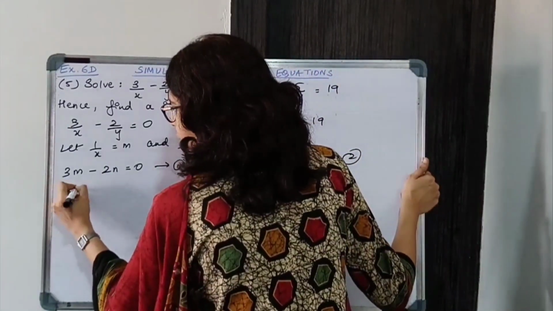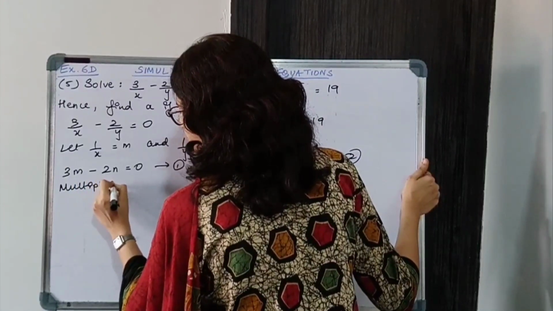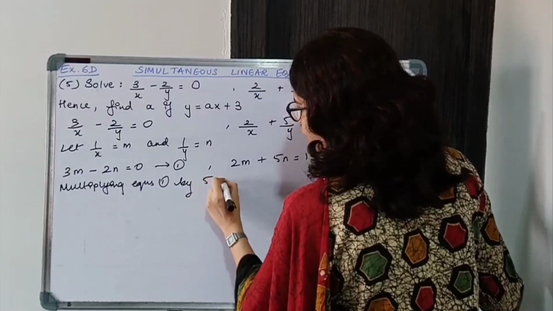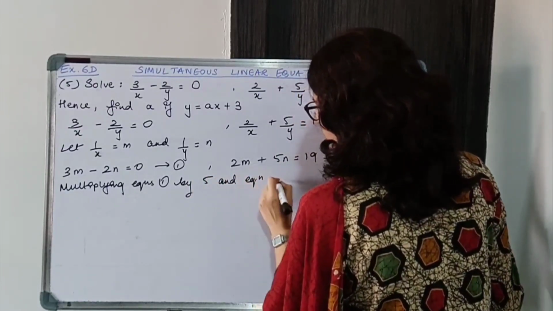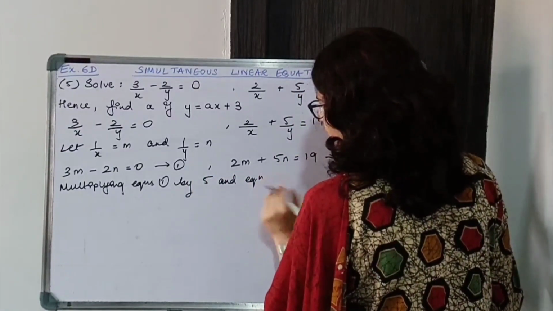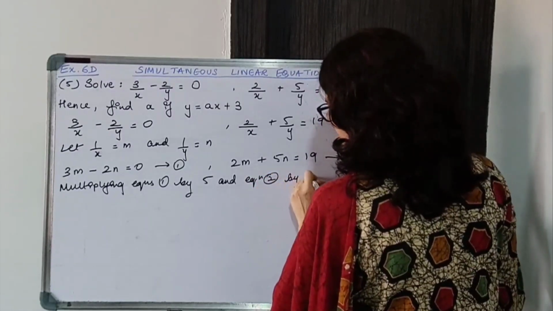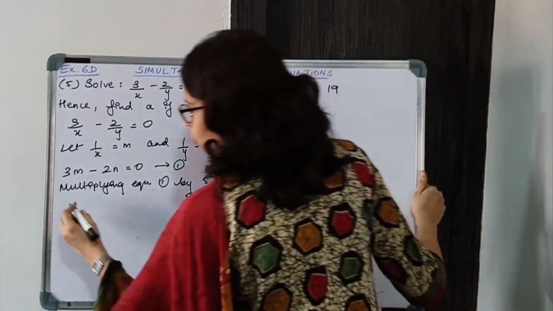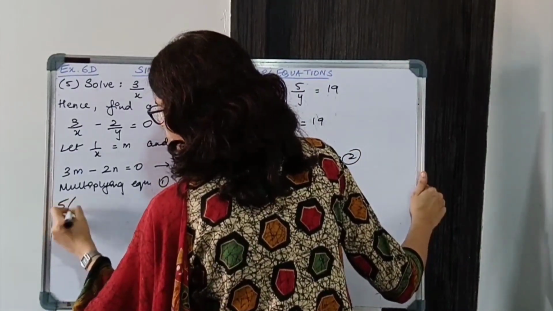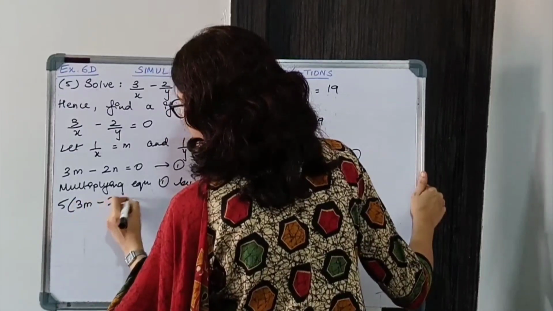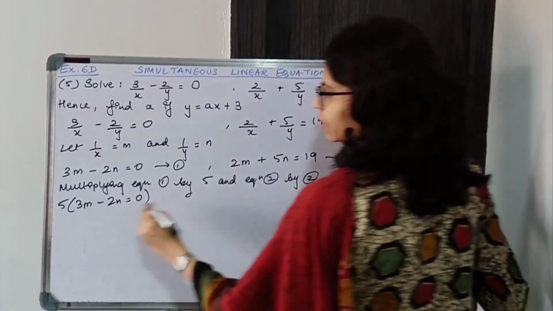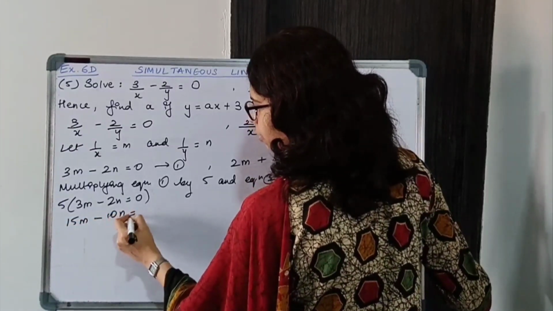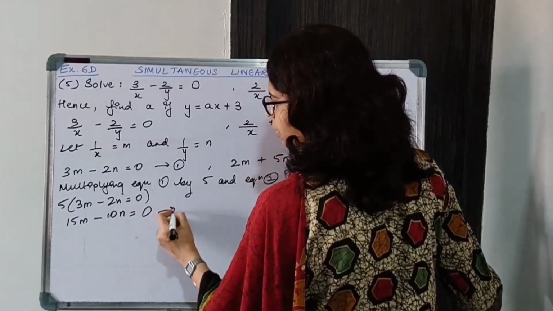So multiplying equation 1 by 5 and equation 2 by 2. 5 into 3m minus 2n equals to 0. Over here we'll get 15m minus 10n equals to 5 into 0 gives 0. Mark this as 3.